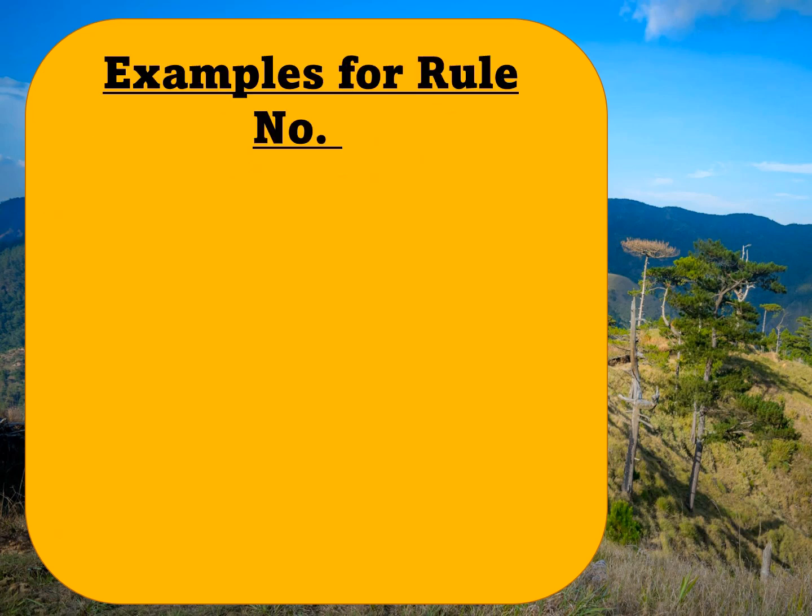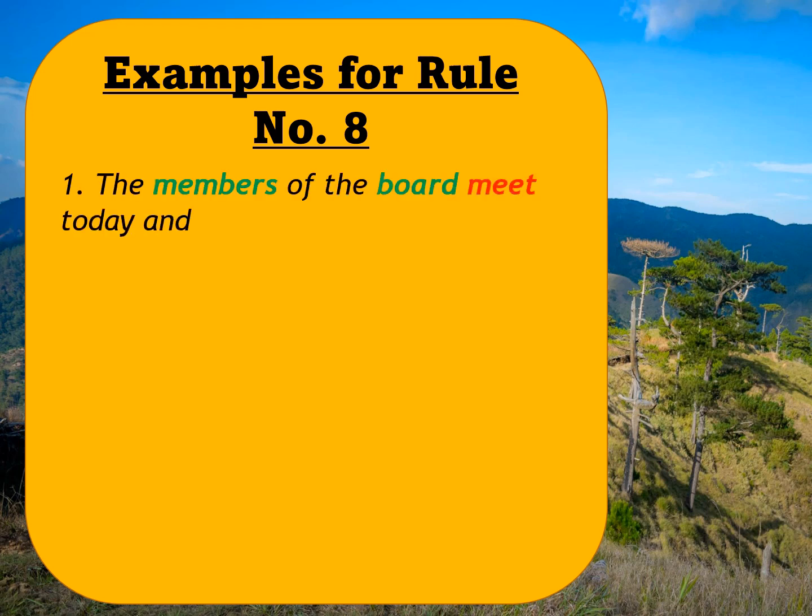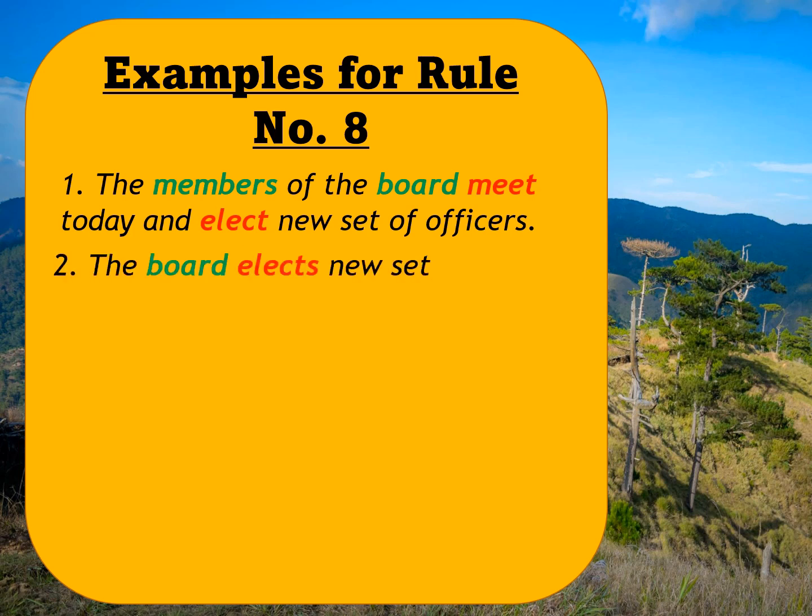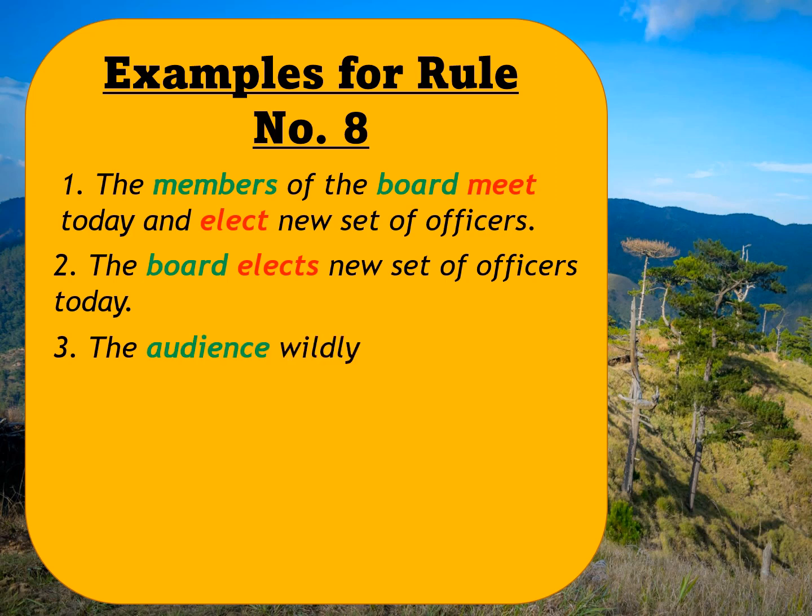Examples for rule number 8. Number 1, the members of the board meet today and elect new set of officers. Number 2, the board elects new set of officers today. Number 3, the audience wildly welcomes the famous singer.